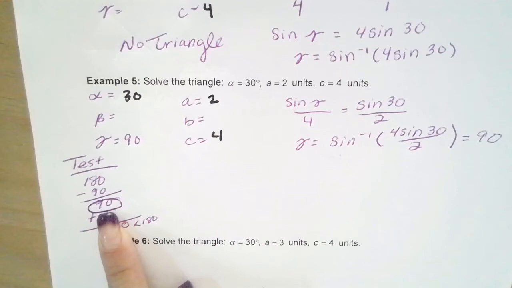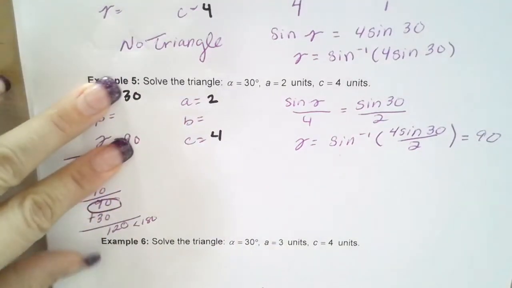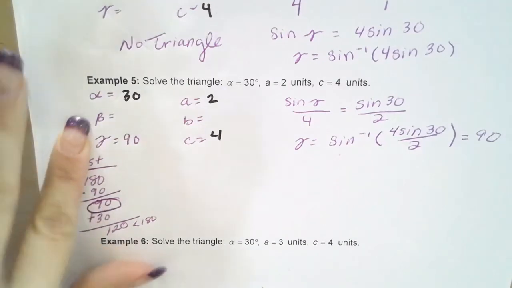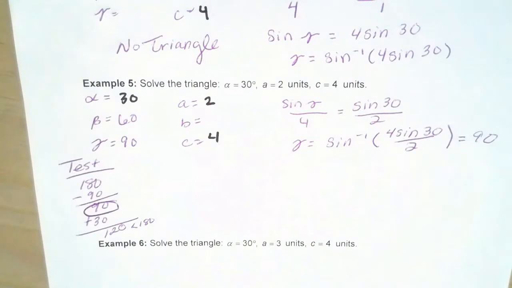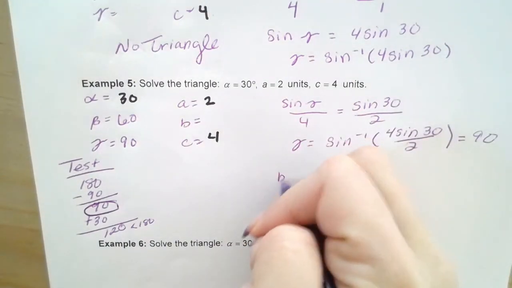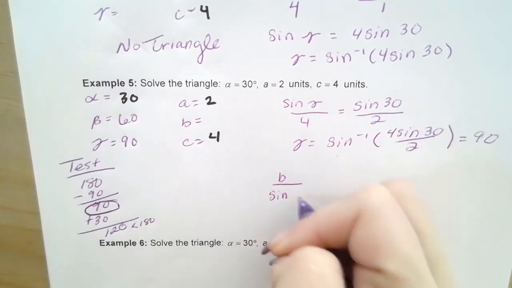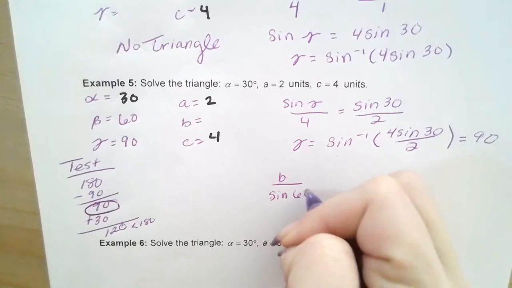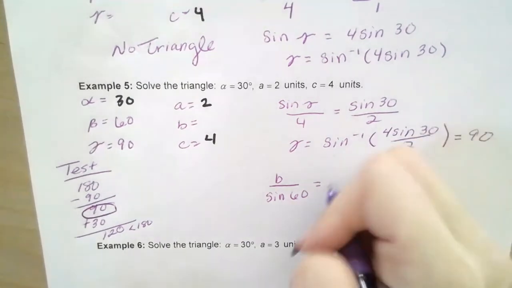Alright, let's work from here. At this point, if we have 2 angles, we can now find the third angle by subtracting from 180. So we get beta is 60. And now we can solve for b. b is our unknown, so I'm going to put that on top. And in the denominator, put sine of 60. Of course, I'm going to use my given pair, just in case.